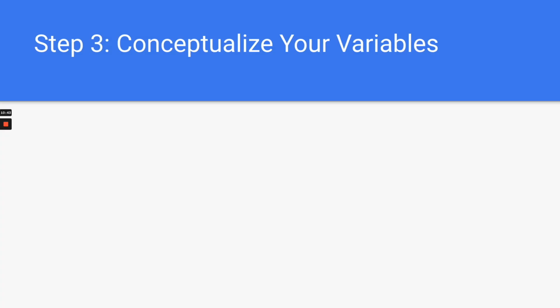All right, step 3 is to conceptualize your variables. Now, variables, not surprisingly, are just things that vary, which is not a satisfying definition for an ELA class, but it works for us, because we are not an ELA class.